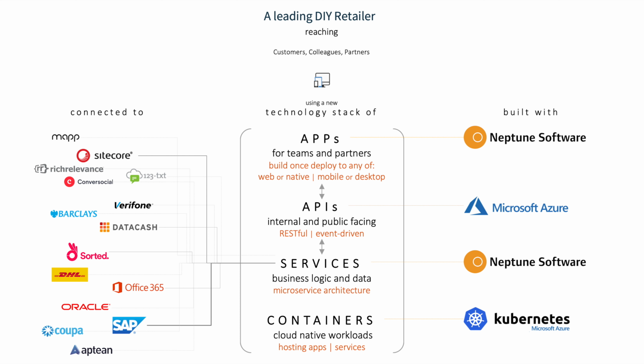This is to basically host applications and services. All the above stack being that the bottom layer, it is a service layer with business logic and data. So this microservices architecture was the runtime of Neptune that was connecting all the different backend systems.